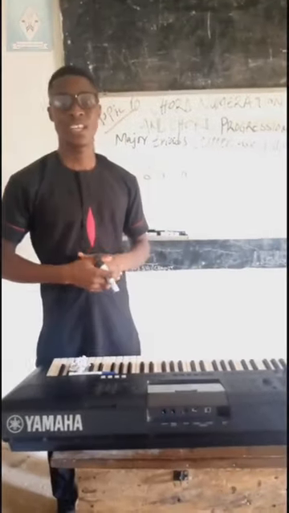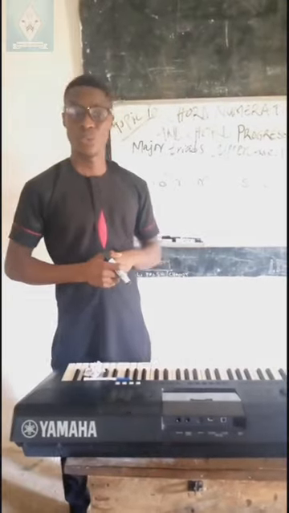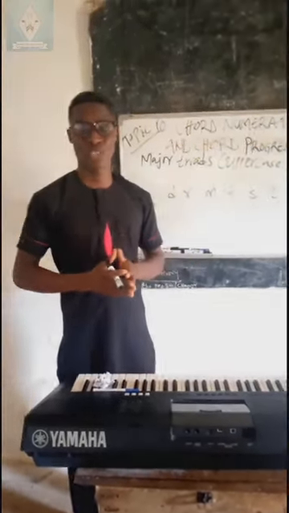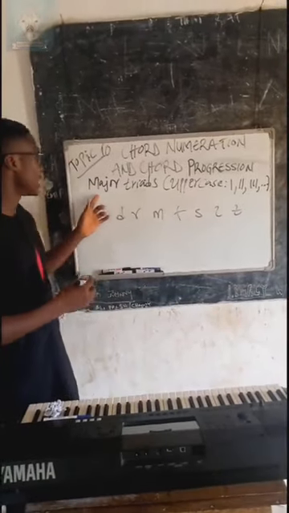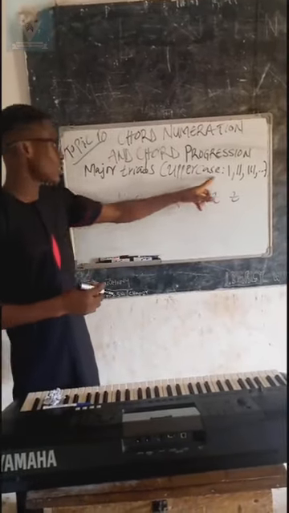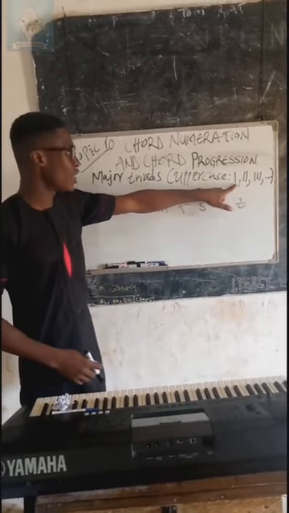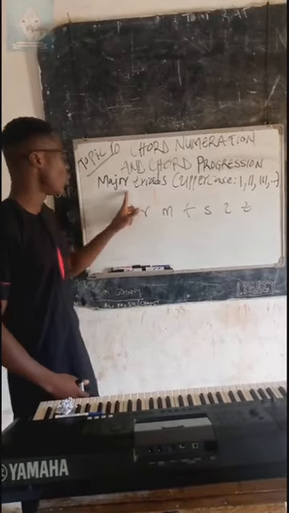Now, we said earlier that chord numeration is the use of Roman numerals to indicate the position and the type of a chord in relation to its root. For major triads, we use uppercase letters. So if you see an uppercase letter used to number a chord, it means that chord is a major chord.